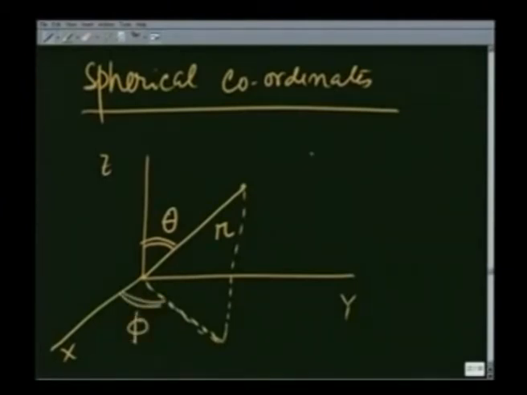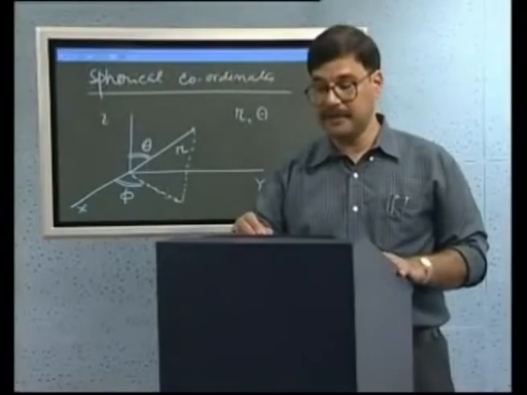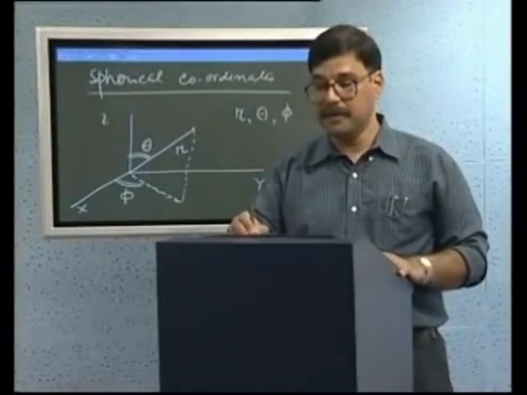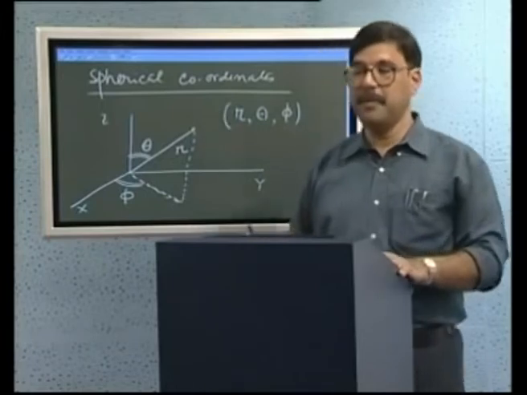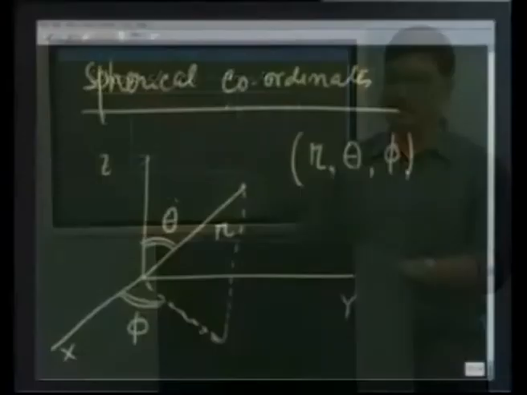So, now I am using r, the distance from the origin, the angle theta that is made from the z axis, and angle phi that the projection of r makes from the x axis.